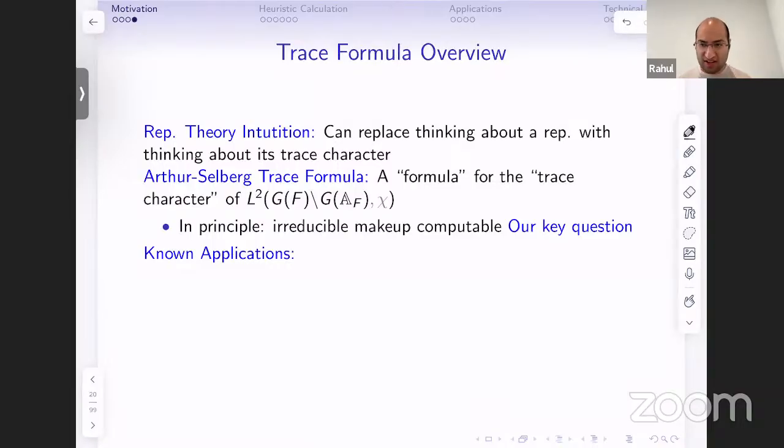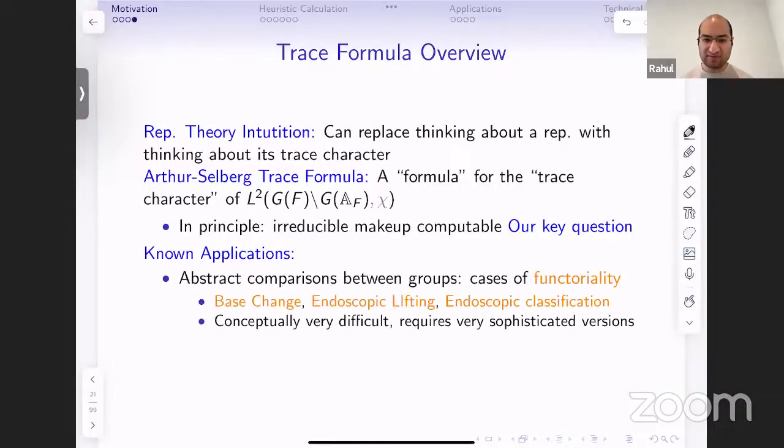So this is all great for heuristics, but the heuristics have actually been worked out rigorously and have given a lot of good applications of the trace formula. The applications tend to fall into two main classes. First, you can look at the trace against L2 of two different groups and compare the formulas for their traces.